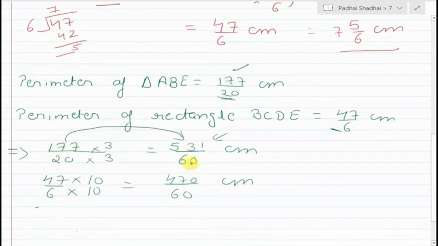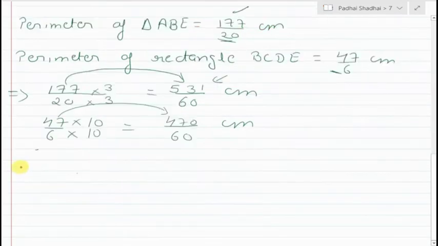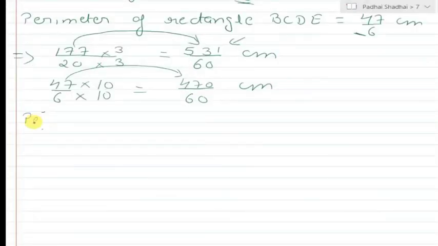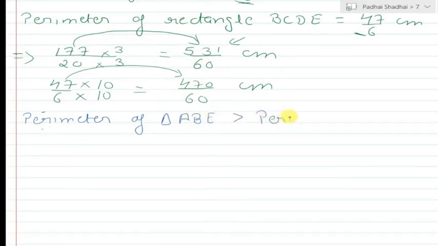So you can get the point that the perimeter of triangle ABE is greater than the perimeter of rectangle BCDE.